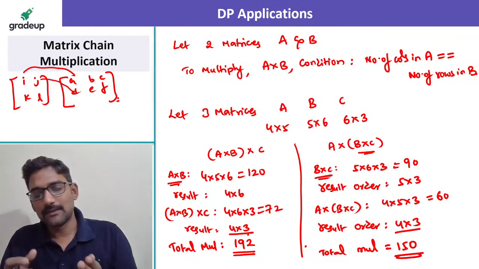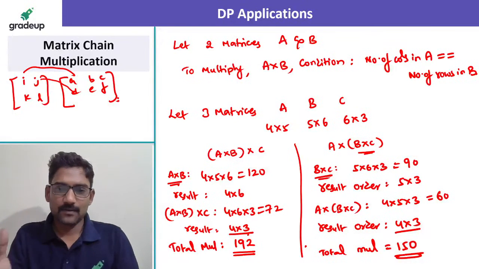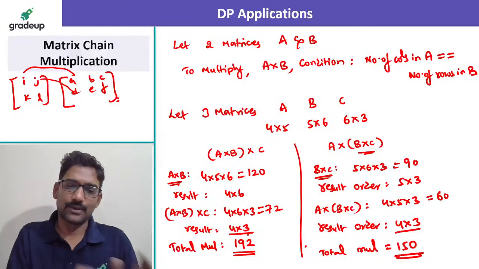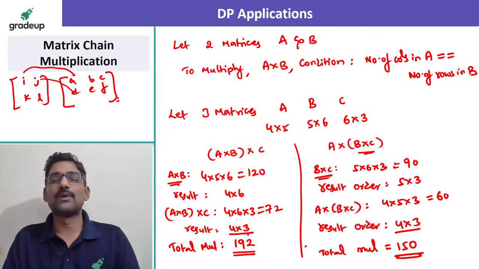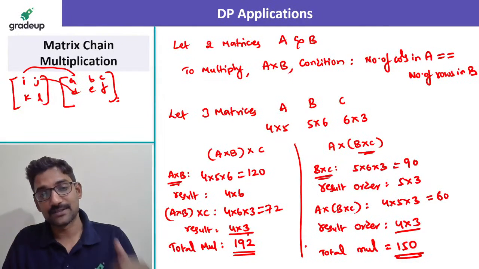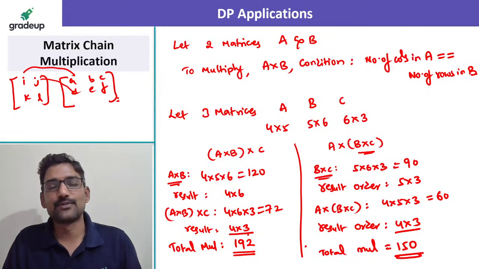Okay. If you are given just 3 matrices, fine. You can find only 2 possible ways. You can compute both, compare and find what is best. Just assume you are given n matrices, 100 matrices, and you are supposed to multiply them.